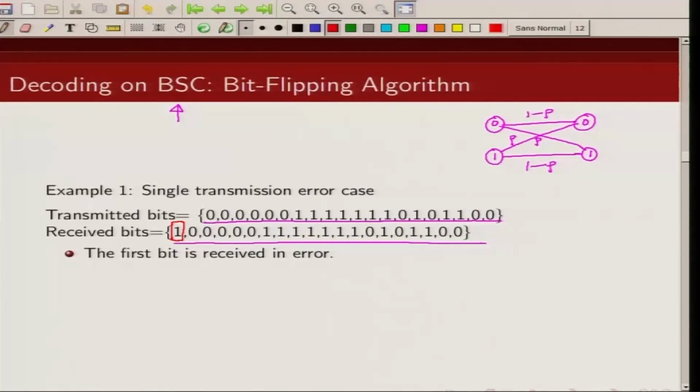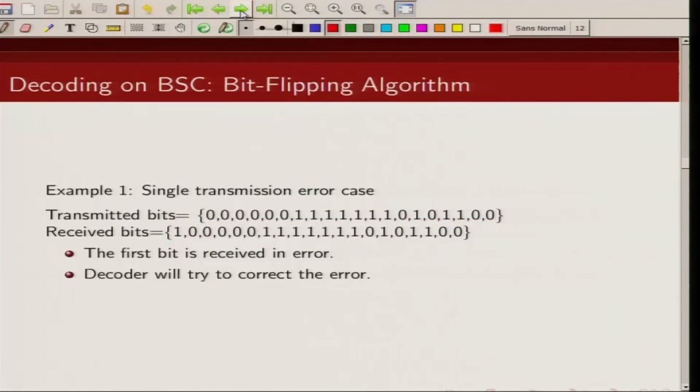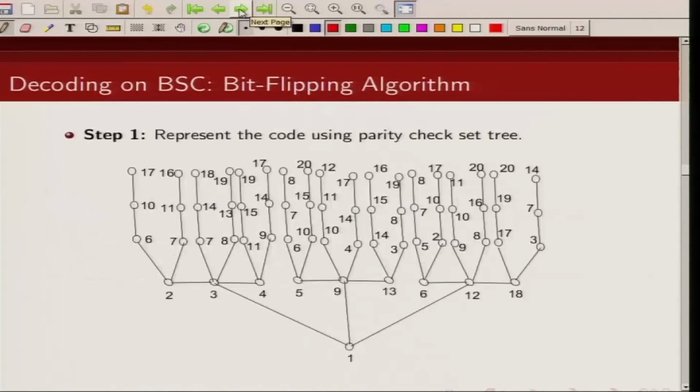Now how do we correct this error? To decode this, we are going to construct a parity check set tree around each of these bits and use that for our decoding purpose. So let's see how we do that.